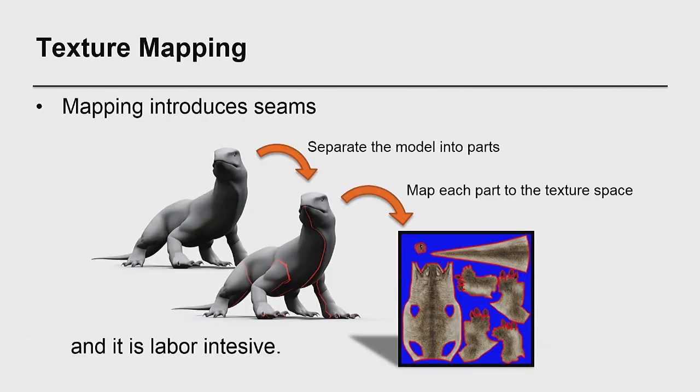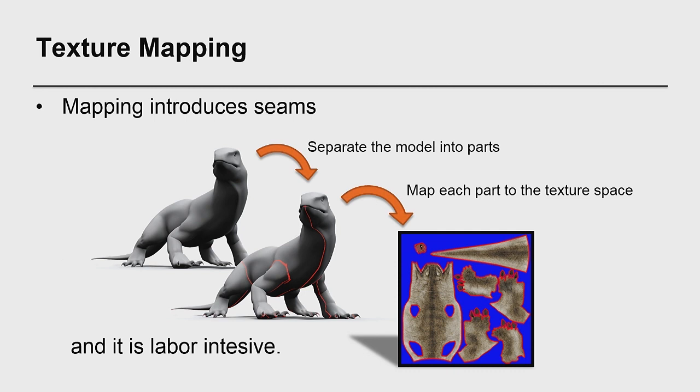There are quite a few problems. One obvious problem is that if you have a relatively complex model, this mapping would include some seams. That is, you start with chopping up your model into pieces and flattening it over the surface, right? This is a labor-intensive process as well.